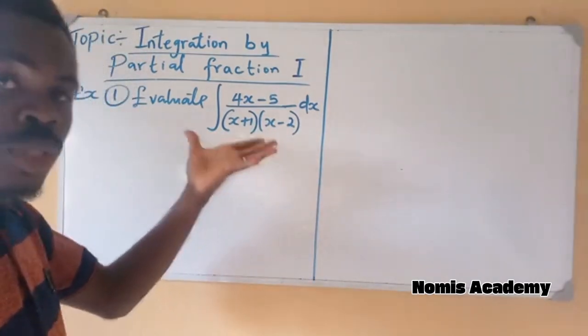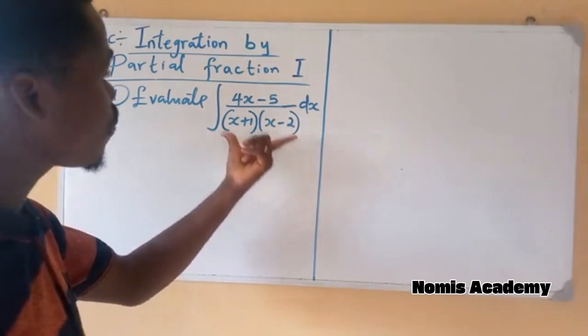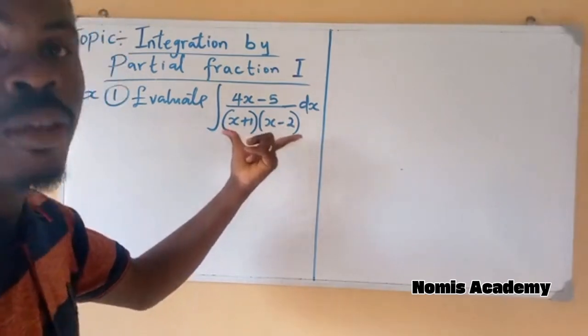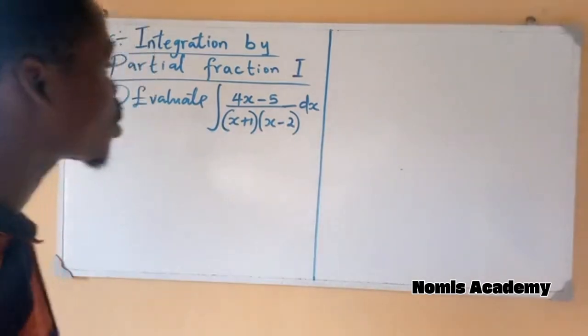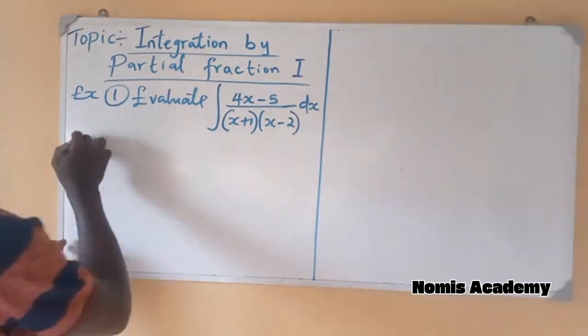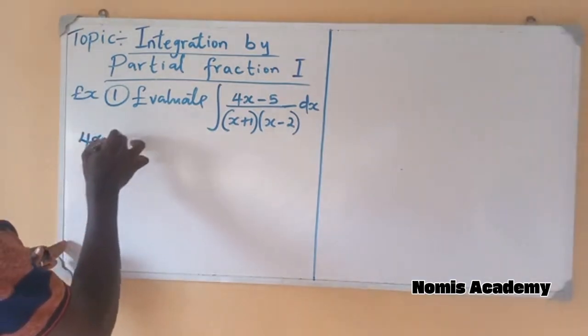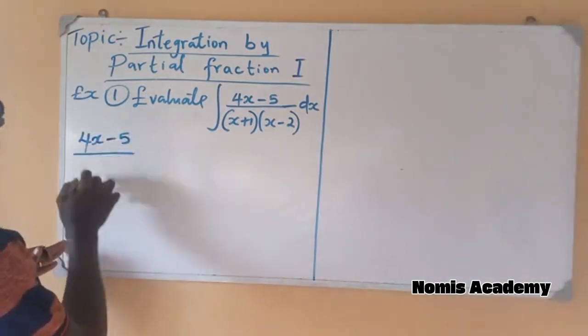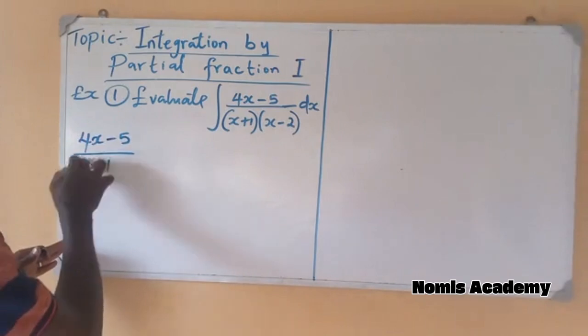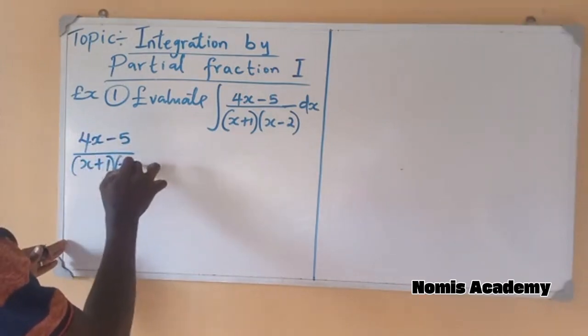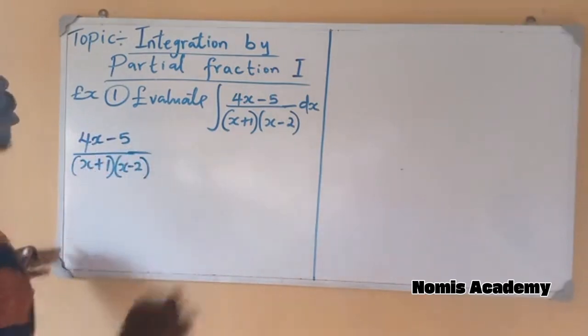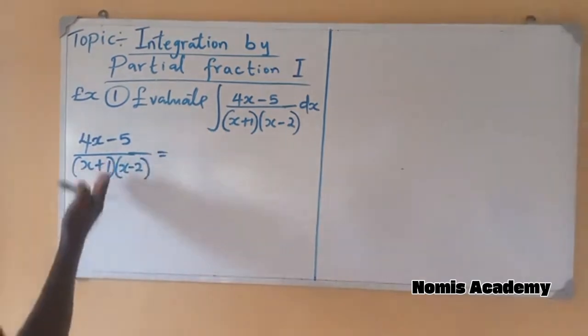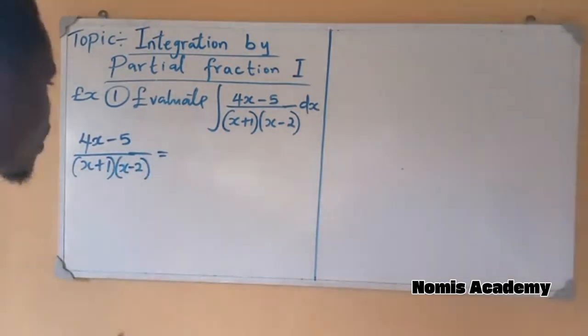Now the first thing to do here is to resolve the composite fraction into partial fractions. So let's pick it out: (4x - 5) over (x + 1)(x - 2).